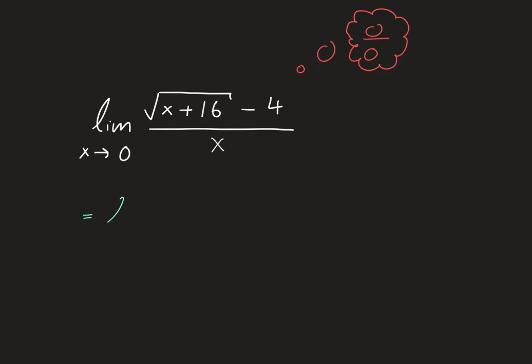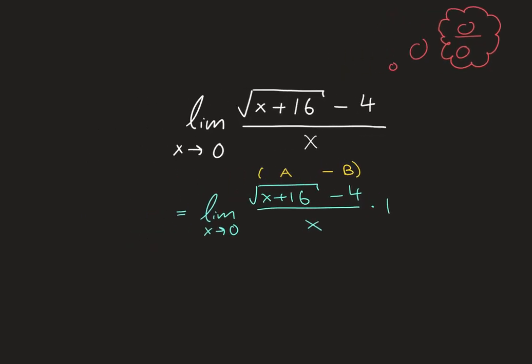This is the same thing as the limit as x approaches 0 of the square root of x plus 16 minus 4 divided by x times 1. Okay, so I'm multiplying 1 by the thing inside of the limit. I see the square root and I don't like it, so I know a mathematical trick. This guy right here kind of looks like an a minus b.